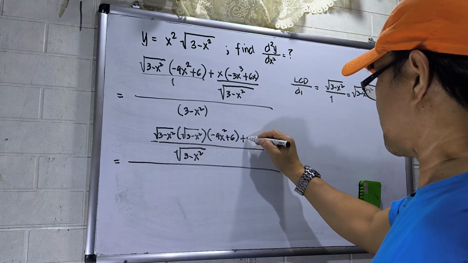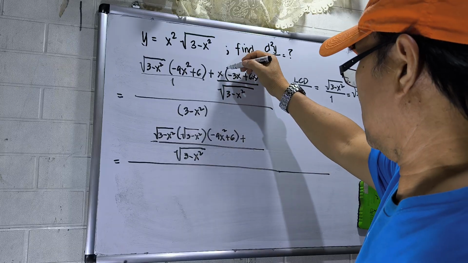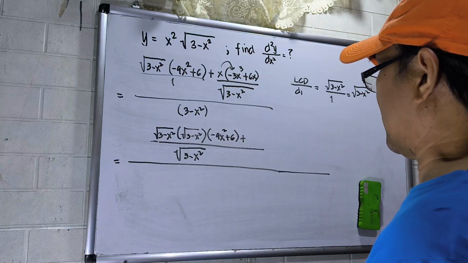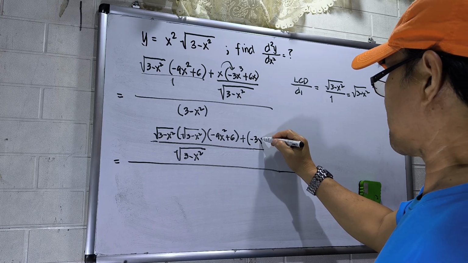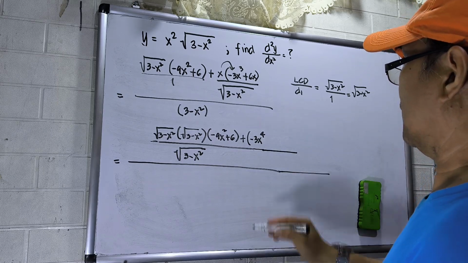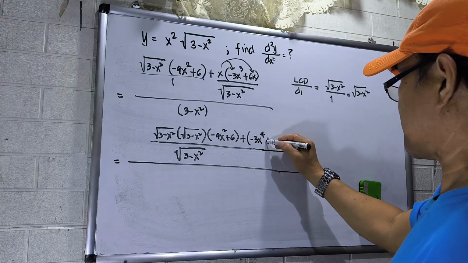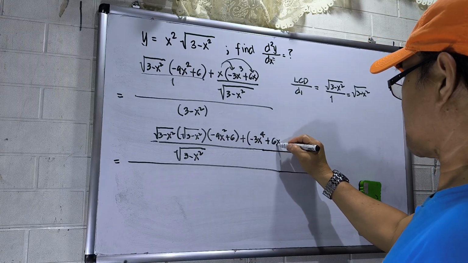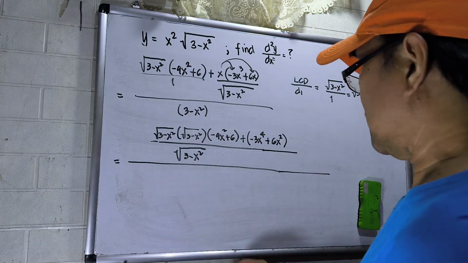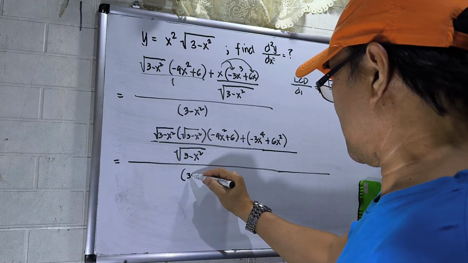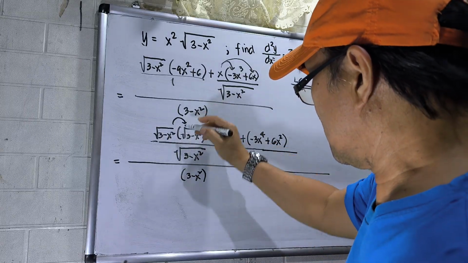Then plus, distribute or multiply, that will be negative 3x to the fourth. Then multiply, that will be plus 6x squared. Okay, then this will be circle brackets 3 minus x squared. And then multiply this one.